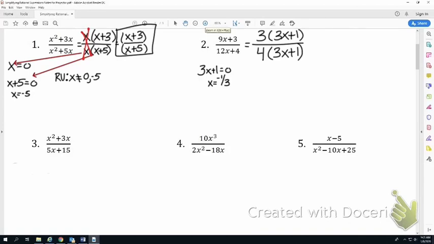But 4 is not going to give me a restricted value. Only the factors that have x in them are going to give you a restricted value. Because if I set 4 equal to 0, and I try to solve for x, well, there's no x to solve for. Okay? So on this one, my only restricted value is going to be negative 1/3.